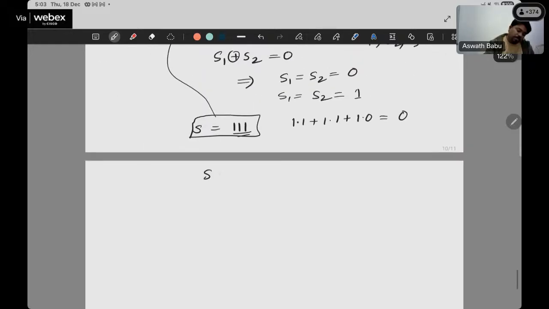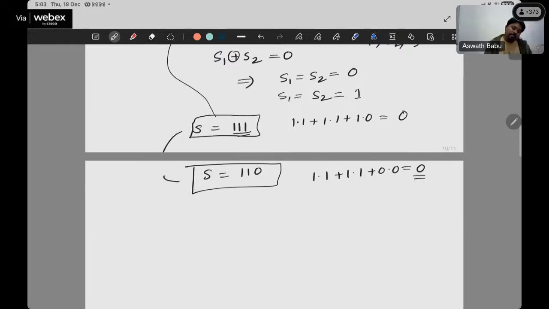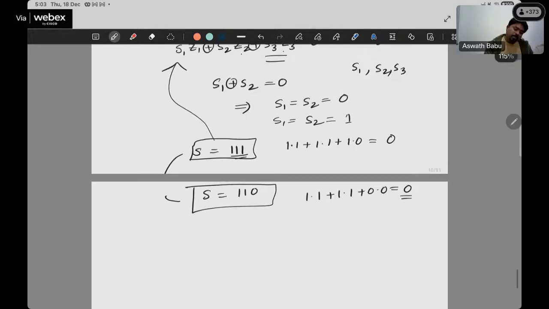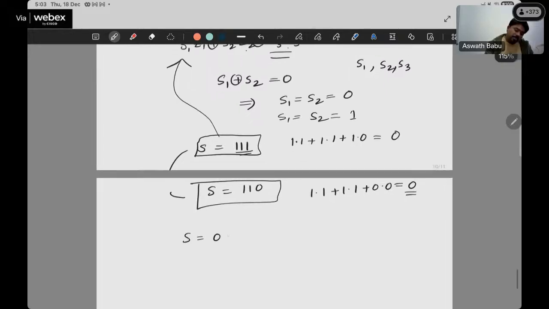There is also one more possibility. What is that? s equal to 110. Even in that case it will satisfy: 1 plus 1, and 1 into 0 is 0. There is another possibility: all s's are zeros. Even in that case I'll get it.